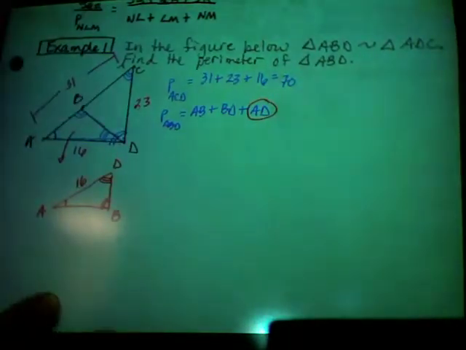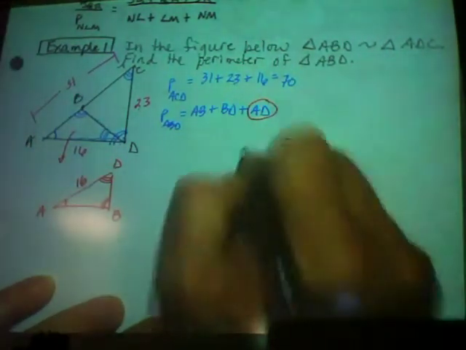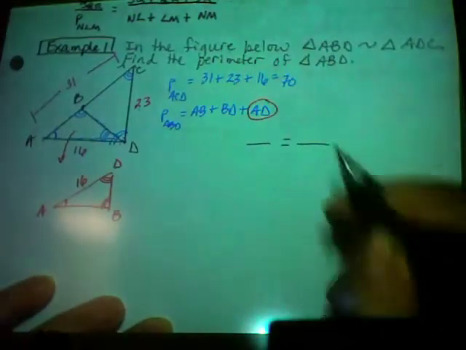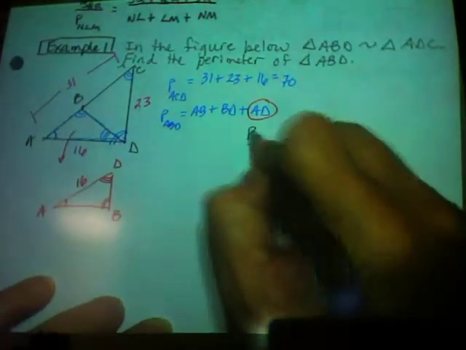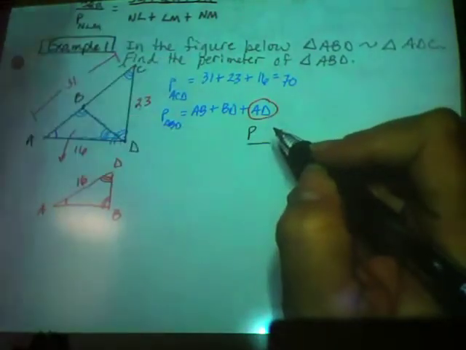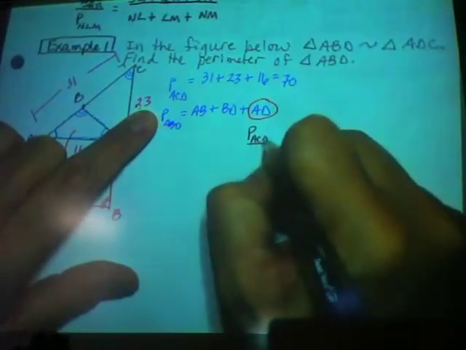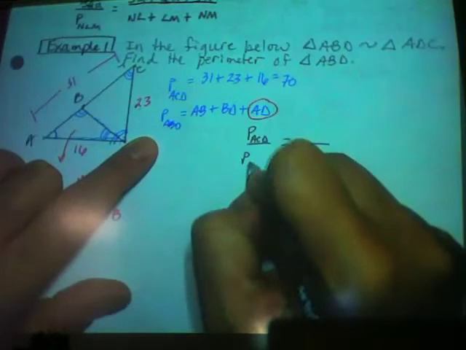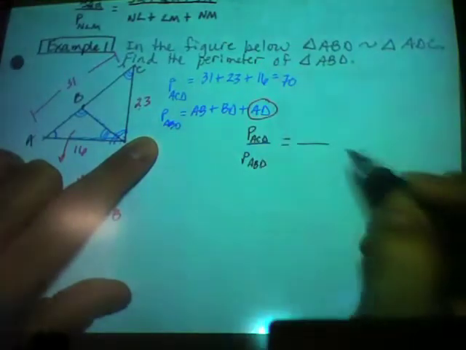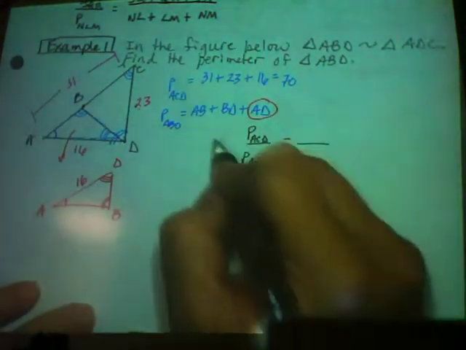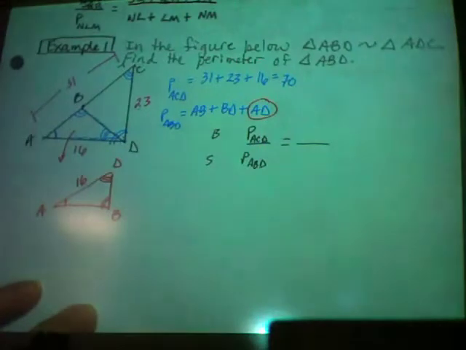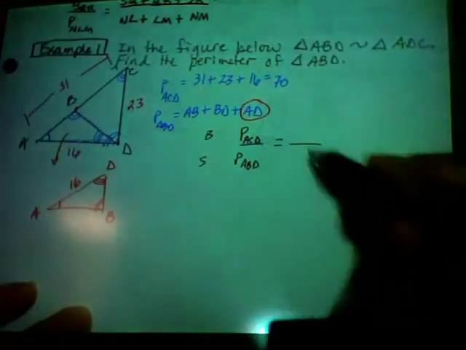So I'm going to set up my proportion, showing that I've got the perimeter, because I want to use perimeter in my proportion, that's why I gave you the theorem above. The perimeter of ACD is to the perimeter of ABD. So I'm going big triangle to small triangle as what is to what?